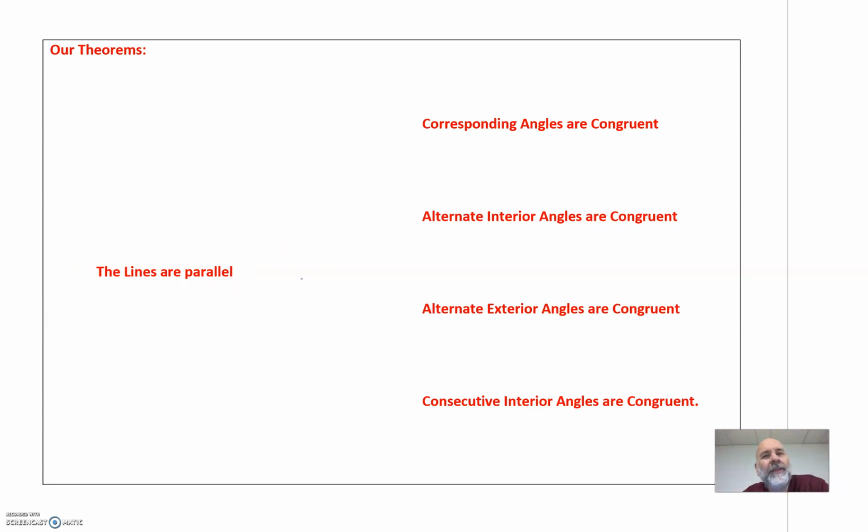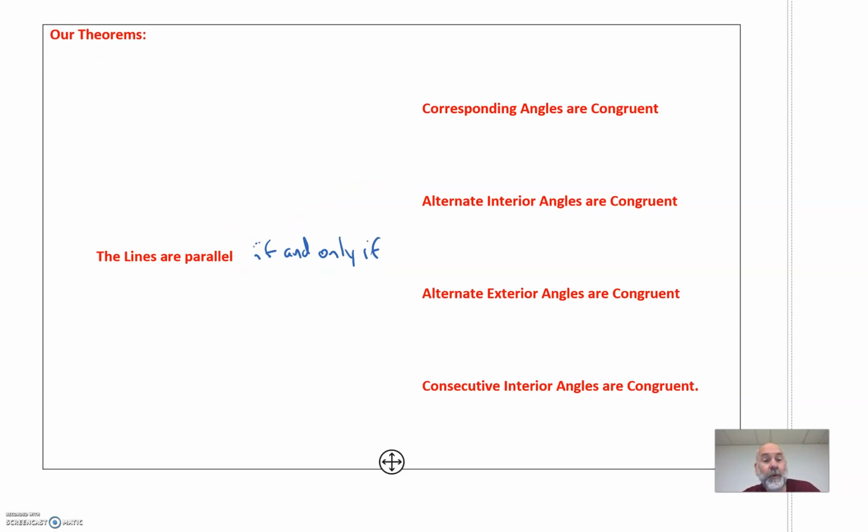We're going to say the lines are parallel if and only if the corresponding angles are congruent. And what that means is, if you know the lines are parallel, then you know the corresponding angles are congruent. And if you know the corresponding angles are congruent, then you know the lines are parallel. We're saying this goes both directions because we're writing it as a biconditional statement.